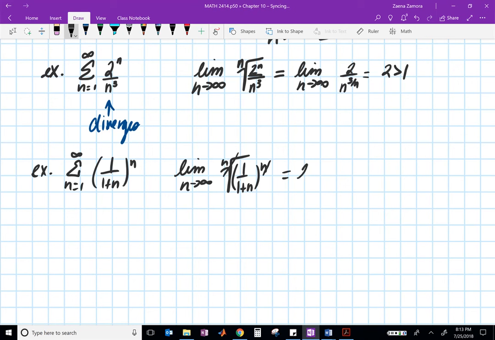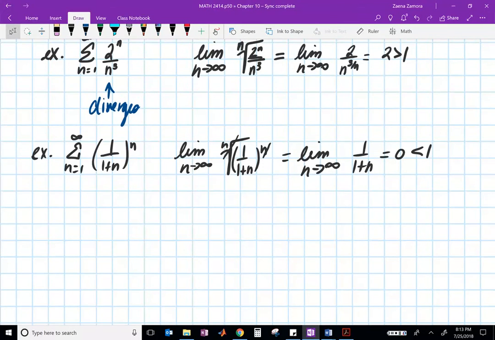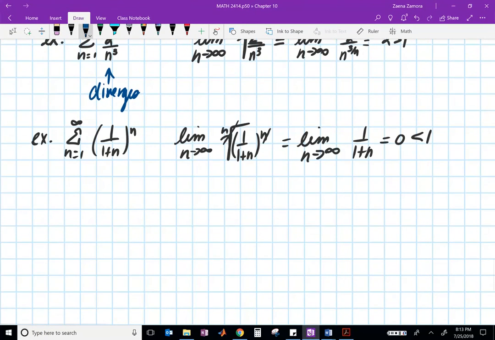So we're going to have the limit as n goes to infinity of 1 over 1 plus n. And what's that limit going to equal? 0, which is less than 1. So that means that this series converges absolutely.